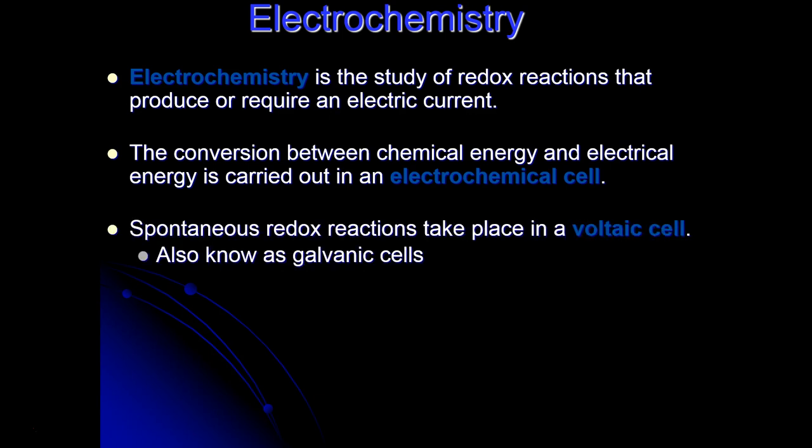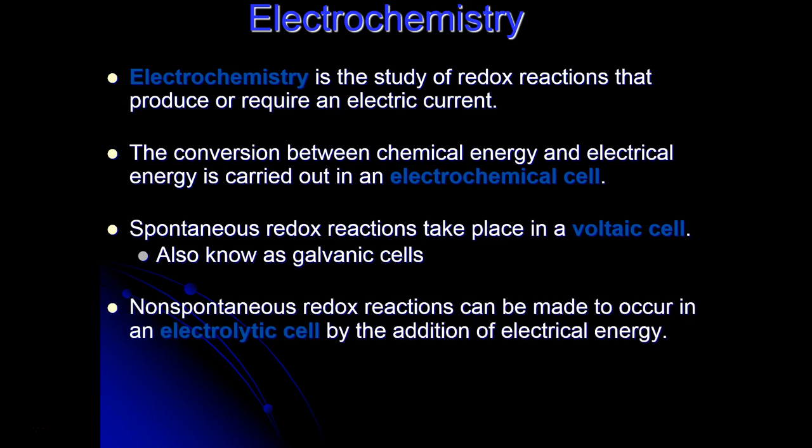Now, if we want energy, we probably really want a spontaneous redox reaction, which is called a voltaic cell. These are also known as galvanic cells. These are the kind of things that actually occur in electricity out, and they do not require us to input electrical energy.